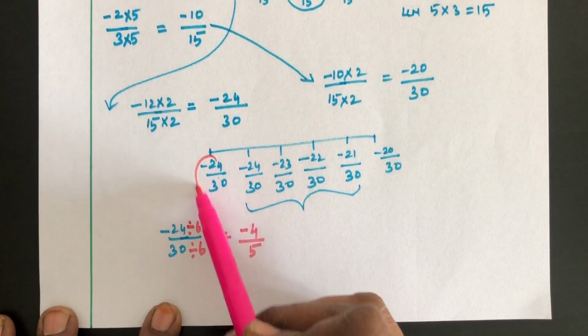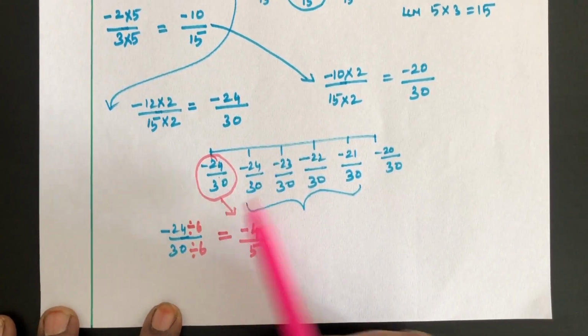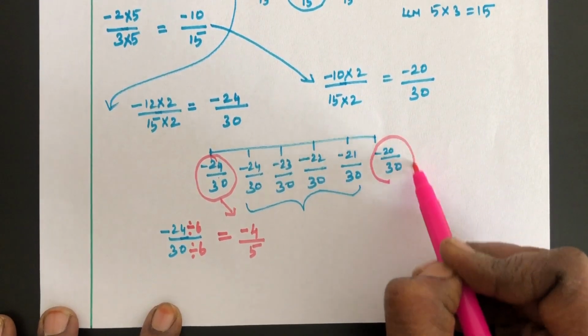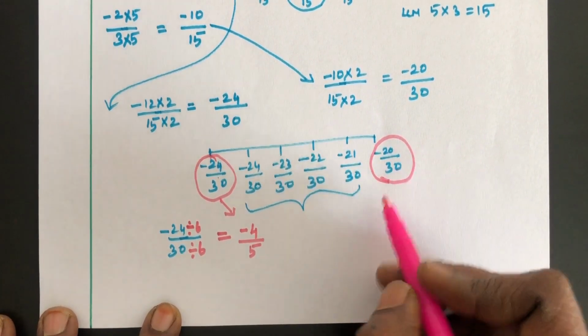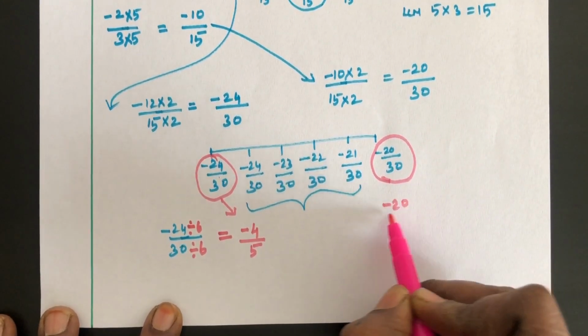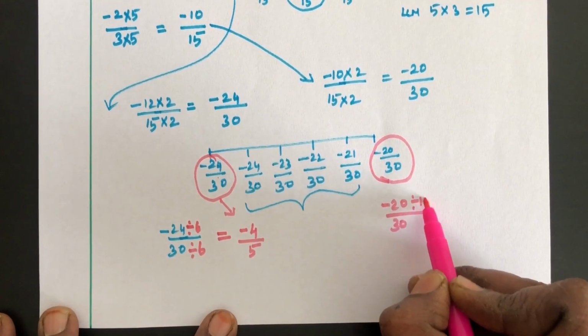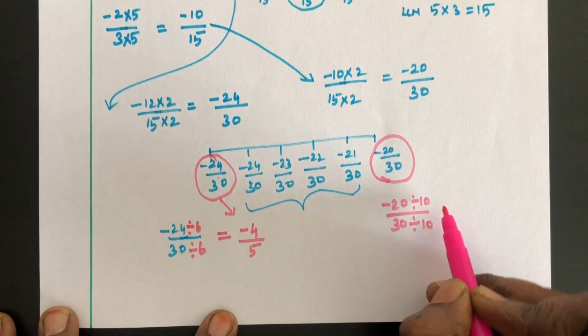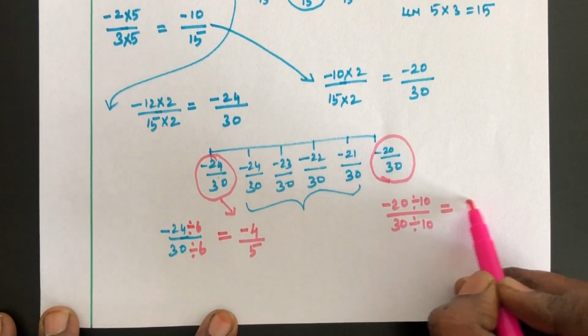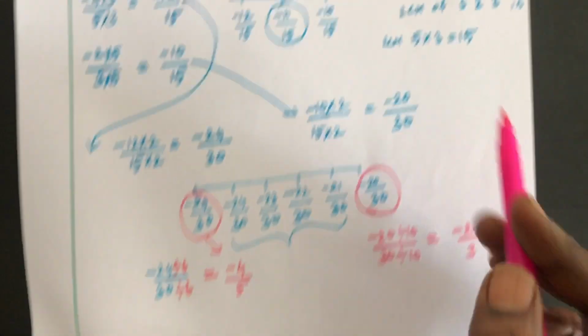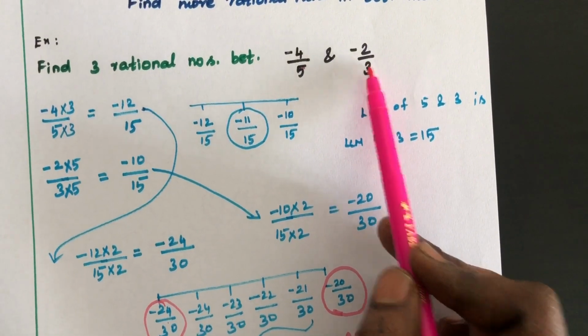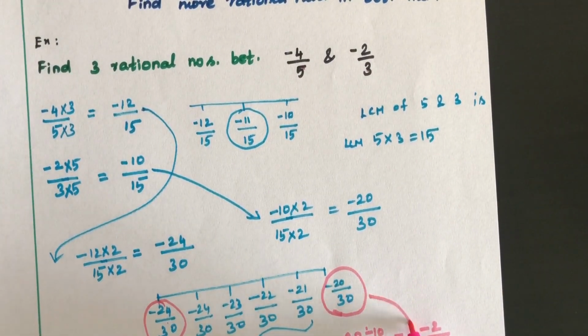So this is nothing but this one. Now if you take this, what is the common factor between these two? So many common factors. The HCF is 10. If you divide this by 10, we will have minus 2 by 3. Ultimately this is our second rational number.